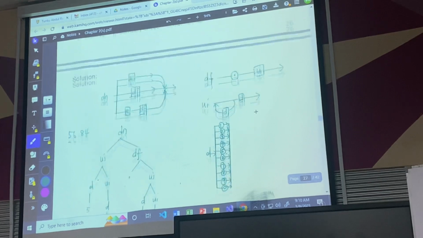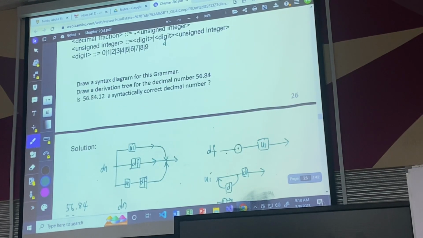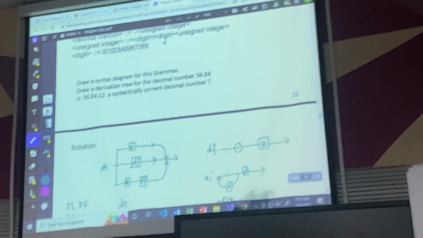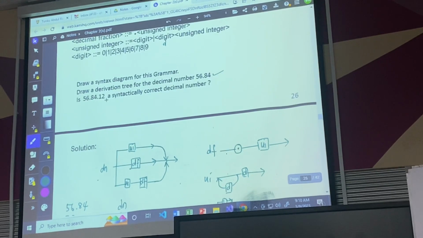The question asks, draw a derivation tree for the decimal number 56.84. So you already get this, right? And the question now is, is 56.84.12 a syntactically correct decimal number? What is your answer? Correct or not?